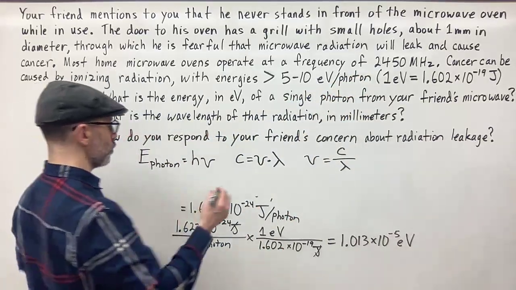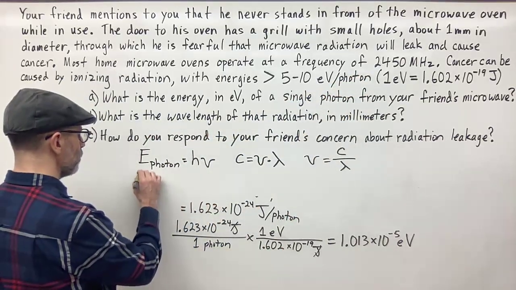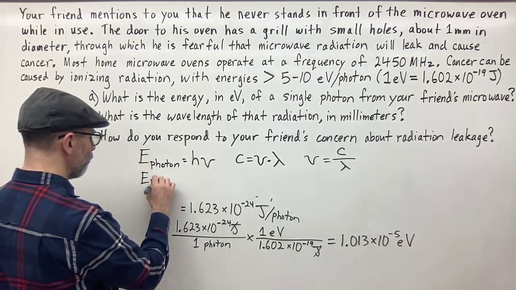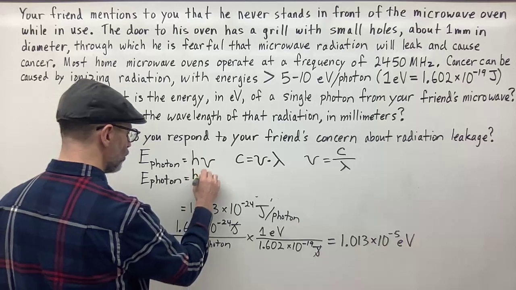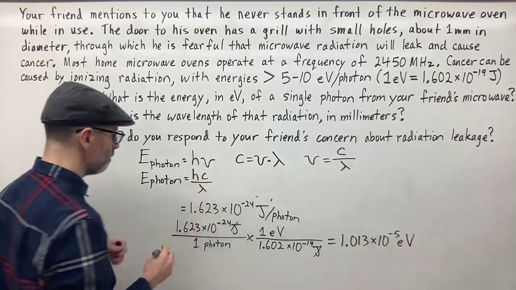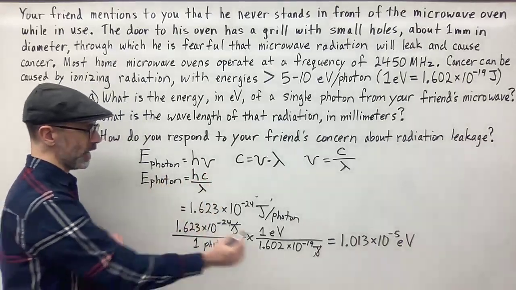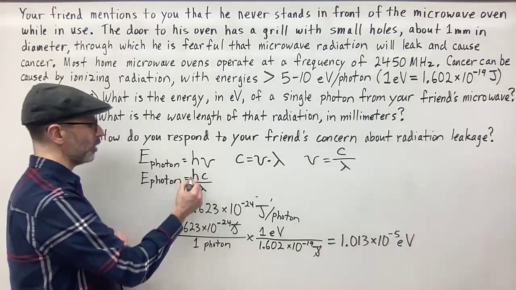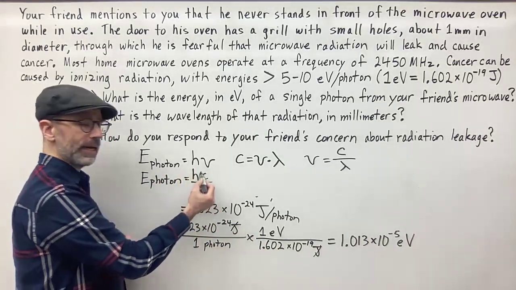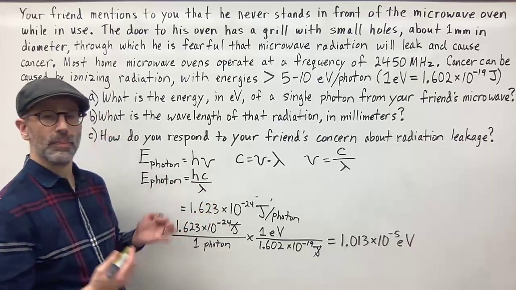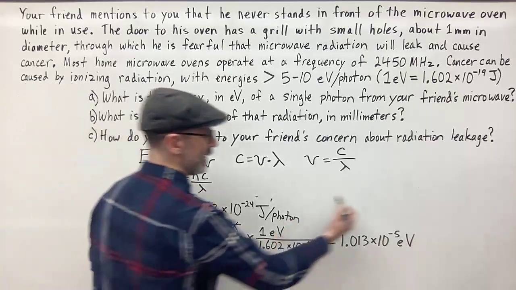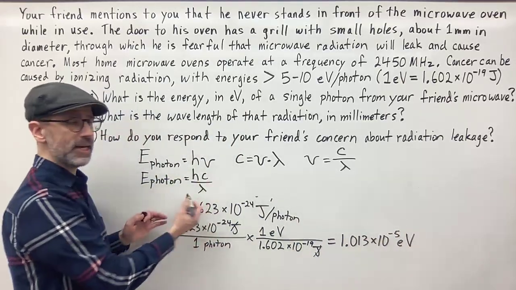So there's a couple of ways. You could do E of the photon is equal to hc over lambda, and then plug in the energy of the photon that you just calculated, and plug in Planck's constant and the speed of light and solve for lambda. You could do it that way, but if you made a mistake here, then you would make a mistake here.